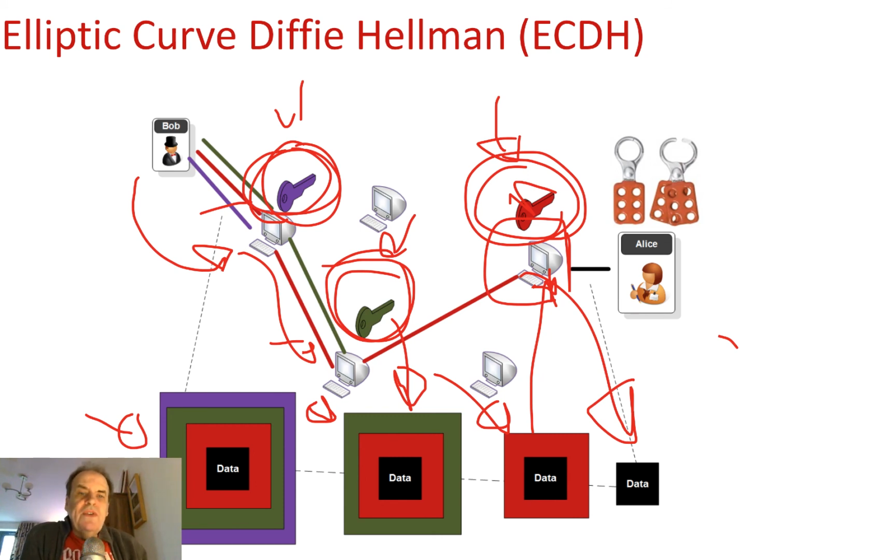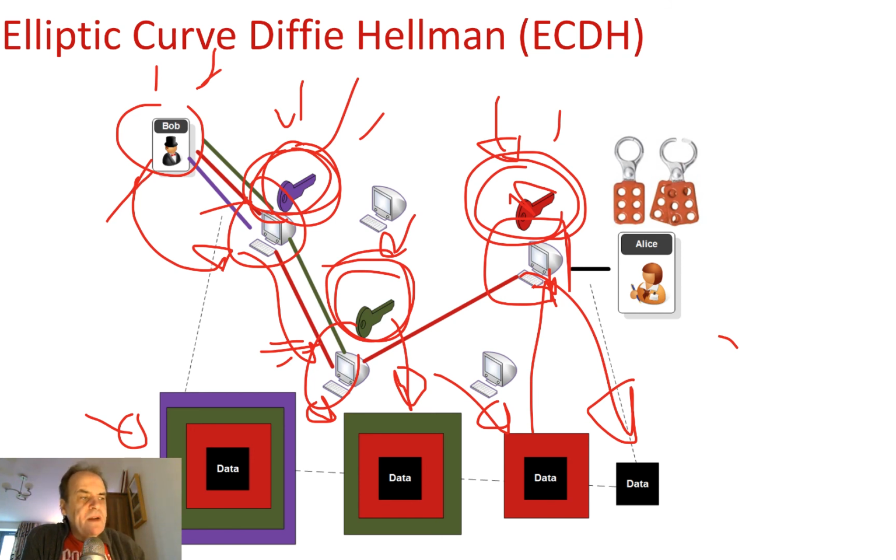So the way it works is to use this curve that we saw before, but we get a key negotiation which is using elliptic curve. Initially, when we're setting up the route, each of the hosts will negotiate with Bob on the key that they must use, and each one will use the elliptic curve Diffie-Hellman to negotiate what that secret key is.